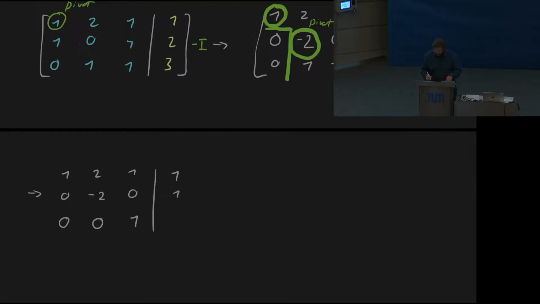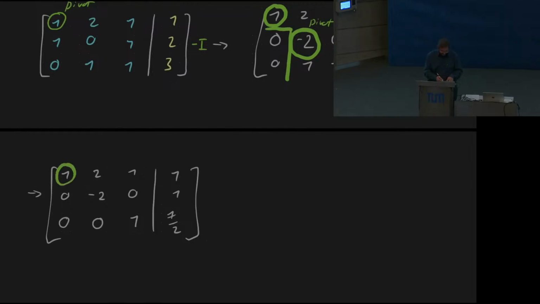And finally, right-hand side, we have a 3 here and a 1 here. So 3 plus 1 times 1/2. That's 3 plus 1/2. 3 is 6 over 2 plus 1/2 is 7 over 2. So let's write it this way. 7 over 2 on the right-hand side. All right.